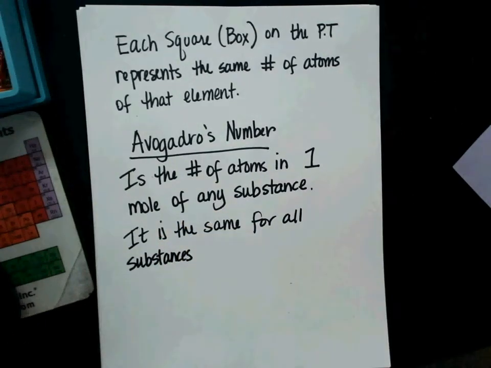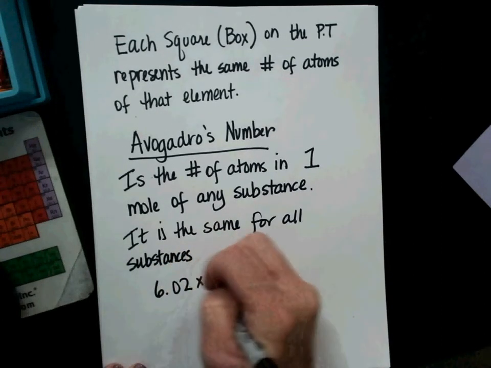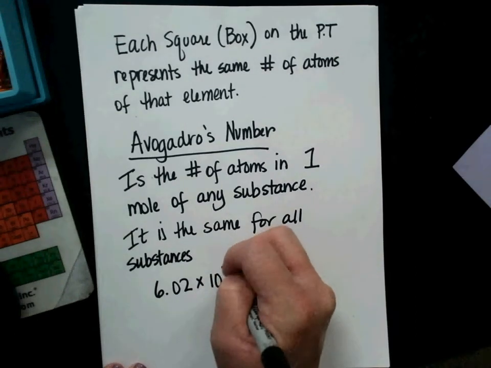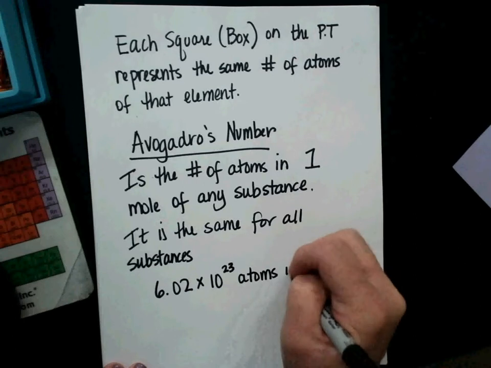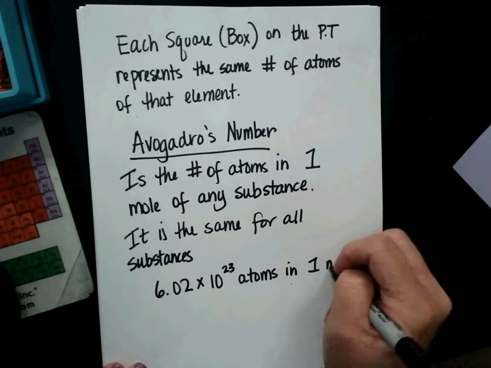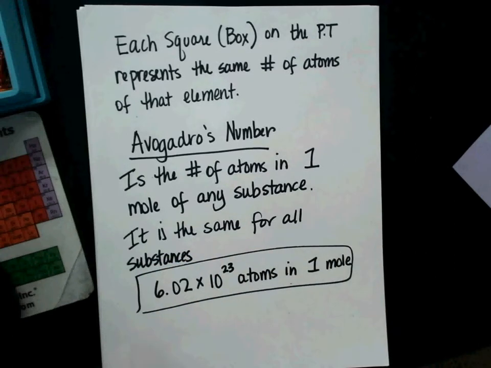And it's the same for all substances. And it looks like this. 6.02 times 10 to the 23rd atoms in 1 mole. That is a really important number. You need to memorize that.